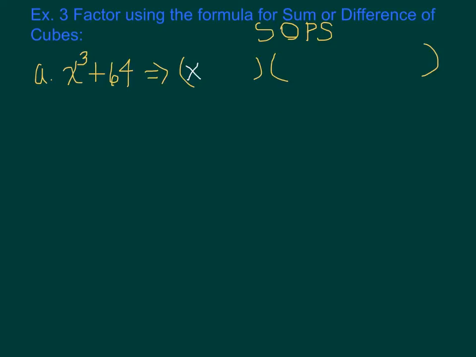And the cube root of 64 is 4. So you keep your sign. So the first S stands for square the first term. So this is my first term. This is my second term. So squaring the first term would give us x squared.